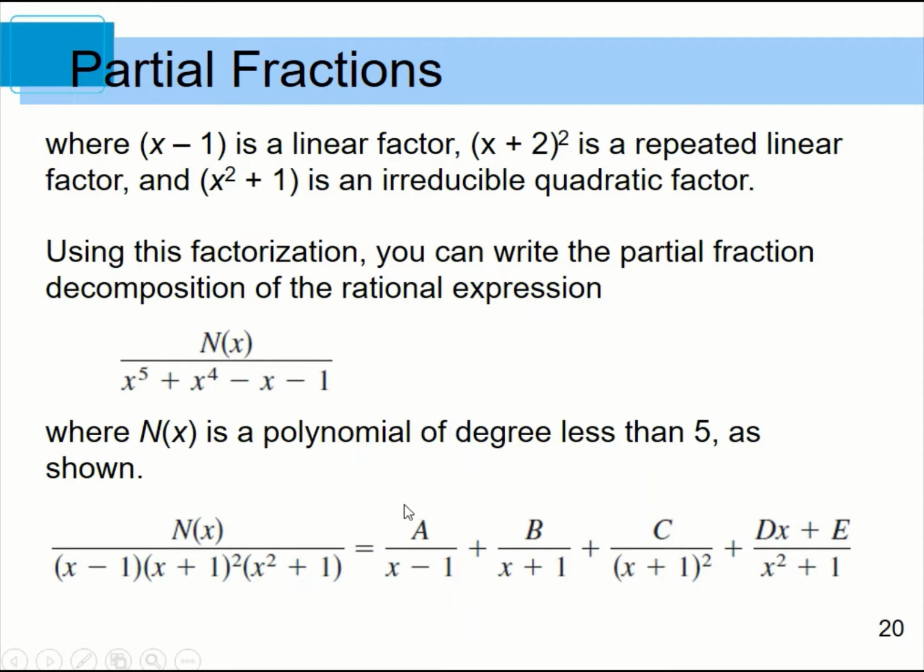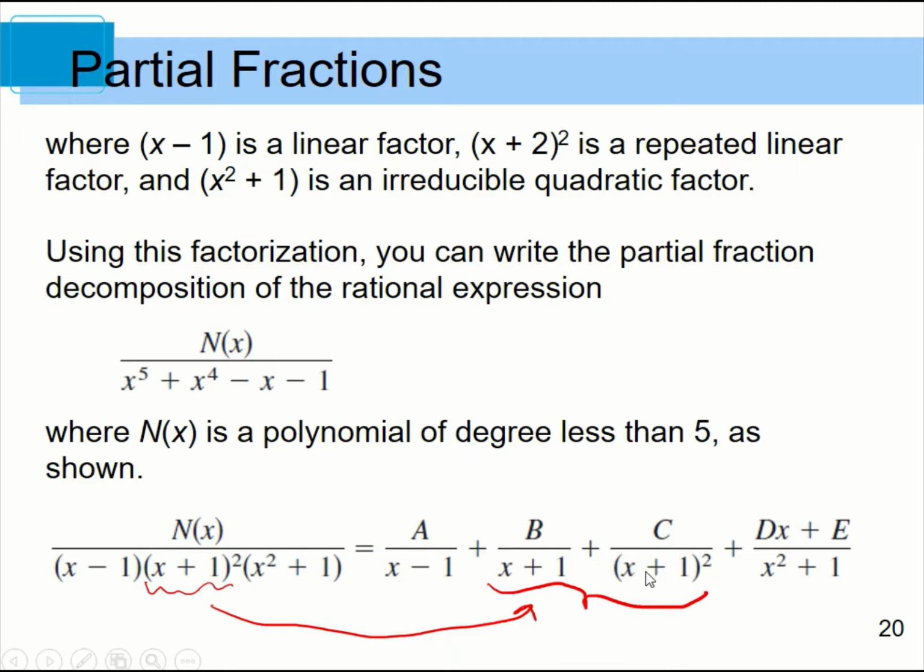I want you to take note of the x plus 1 here. Because this factor is a square, when we decompose into partial fractions, we need to make it two terms. This one is very important. Because of the square, we need to have b over x plus 1 and c over x plus 1 squared.